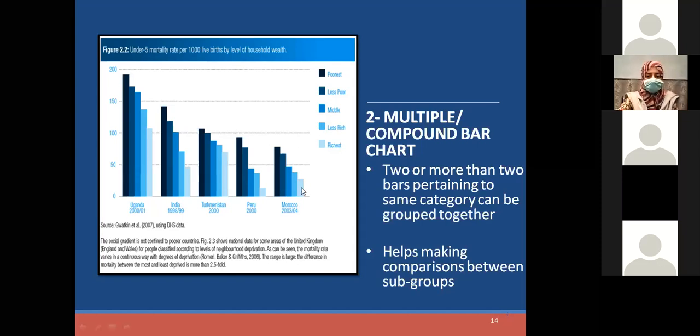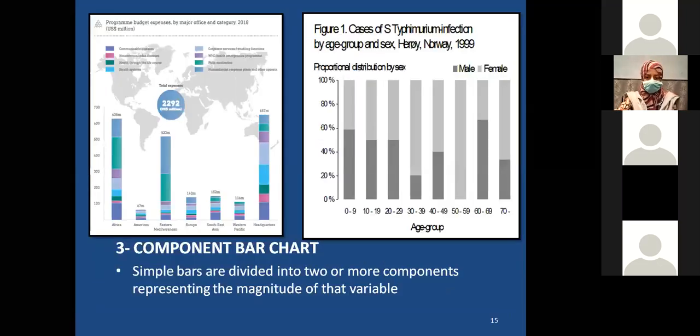The least number of deaths occurred in Morocco in the year 2003 to 4. And when you see Peru, the richest people had the least number of deaths. Even in Uganda, the richest people had an increased number of deaths compared to all the other countries. So this is a way of comparing different categories of the data.